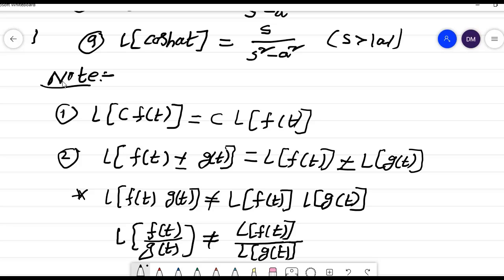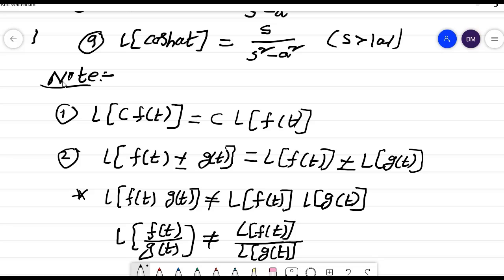So see here, once again I am telling you, the first note point is that if any function is multiplied by a constant, then the Laplace transform of c into f of t can be written as c into L of f of t. And the second point is if two functions are in the form of addition or subtraction, then the Laplace transform can be applied to the individual functions, meaning L of f of t plus or minus L of g of t.